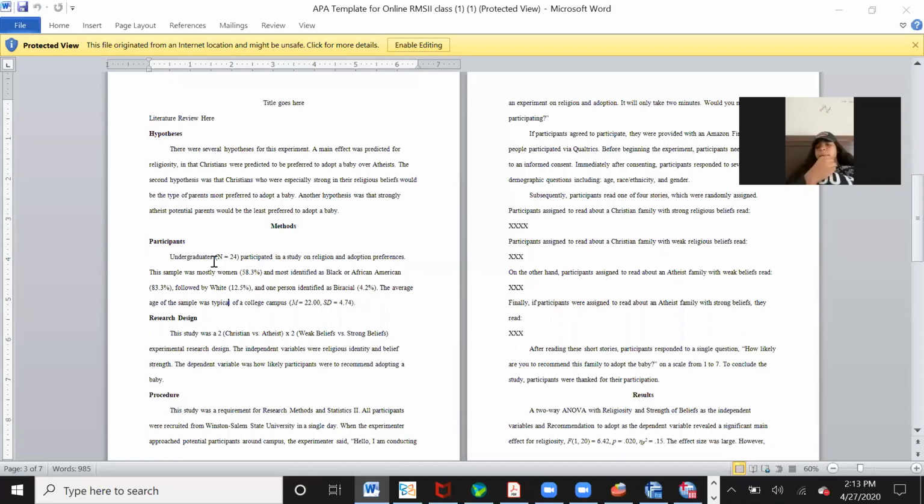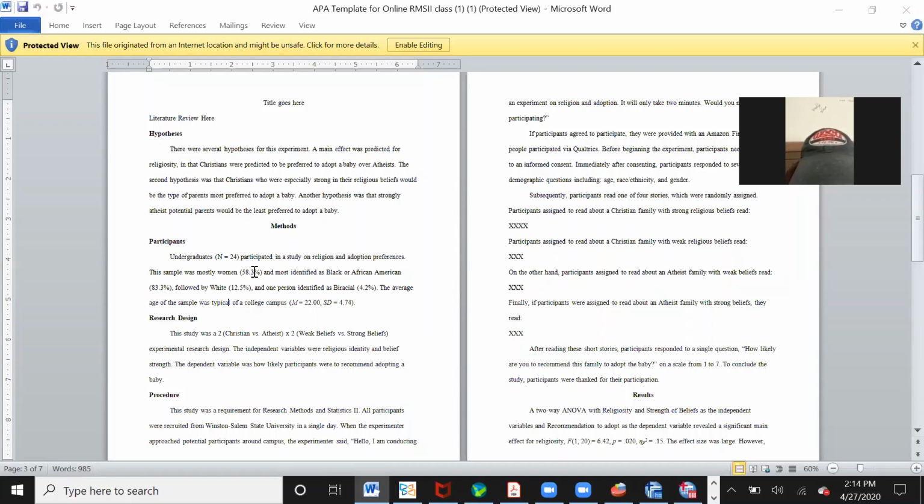Participant section, you need to tell me your sample size. Do you know what your sample size was? 60 something. Yeah, good. So you report that, and you need to tell me either as percentages or as exact frequencies.